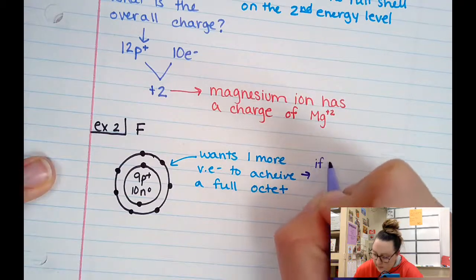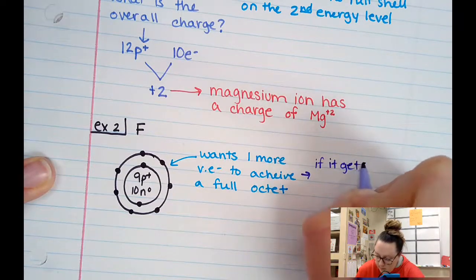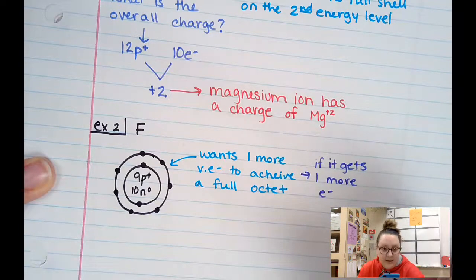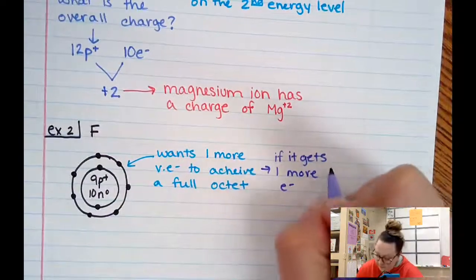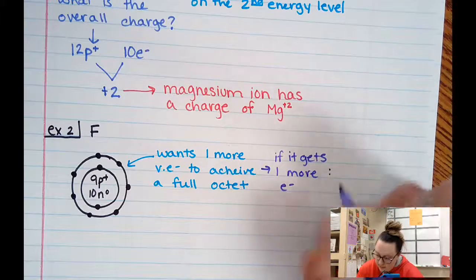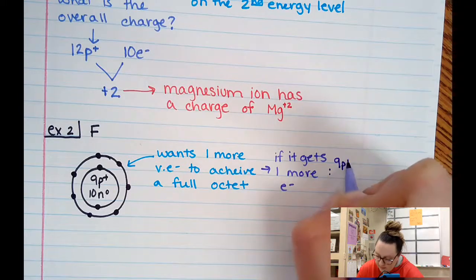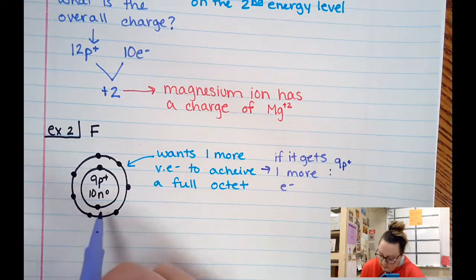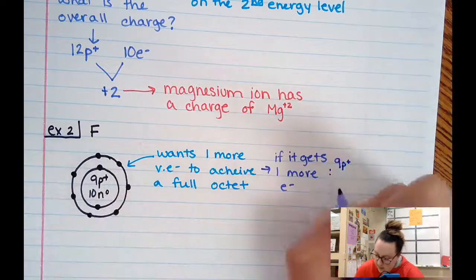If it gets one more electron, that means we have 9 protons and a total of 1, 2, 3, 4, 5, 6, 7, 8, 9, 10 electrons.